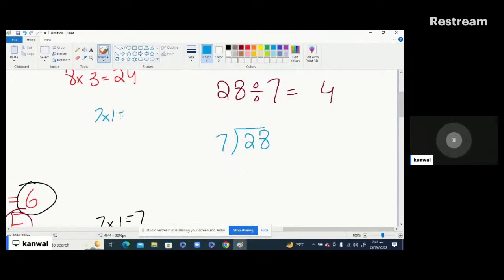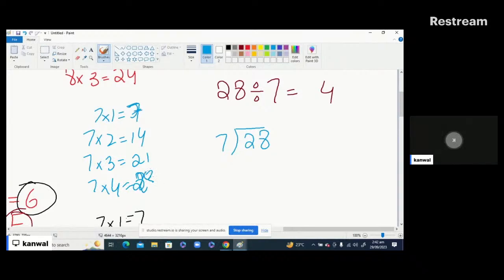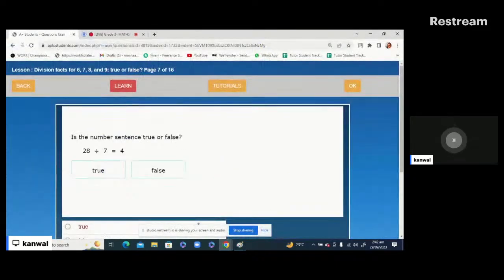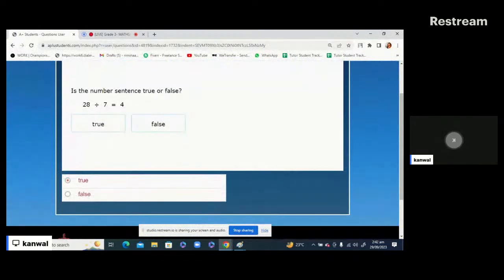Let's write the table of 7. 7 times 1 is 7, 2 is 14, 3 is 21, and 7 times 4 is 28. Yes, it means that that is true. 7 times 4 is 28. So here is a true. So we click on true.